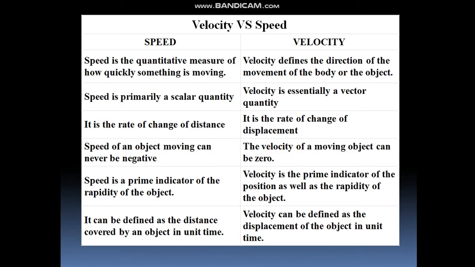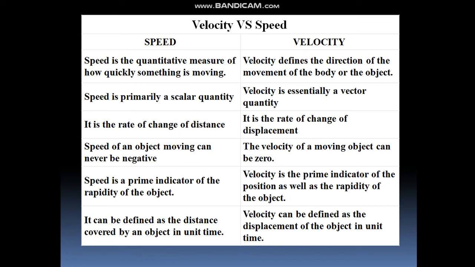Let's compare velocity and speed. So speed is a quantitative measure of how quickly something is moving, whereas velocity defines the direction of the movement of the body or the object. Now, speed is a scalar quantity, velocity is a vector quantity.